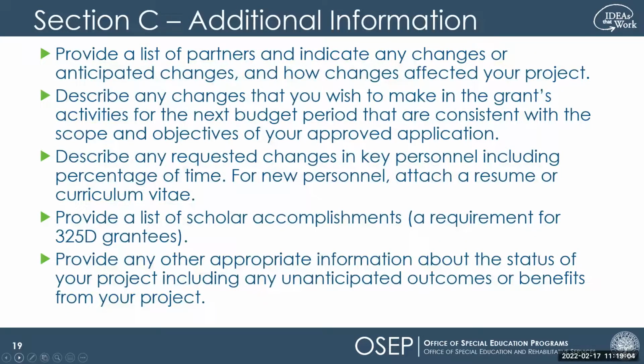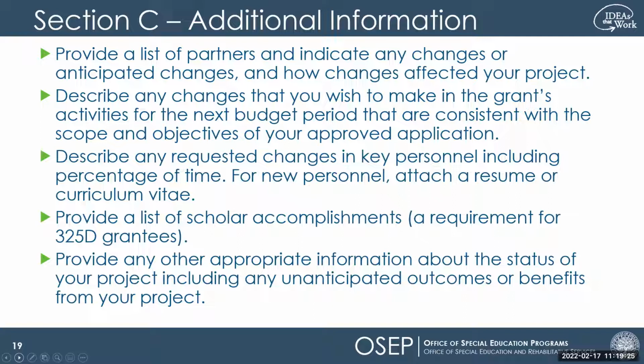Section C, additional information. Please refer to the instructions for the information that should go in Section C. You should provide a list of current partners and any changes, and describe any changes you wish to make to your grant's activities for the next budget period or personnel.